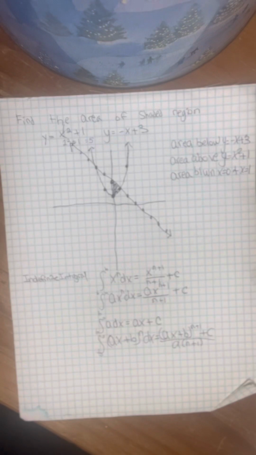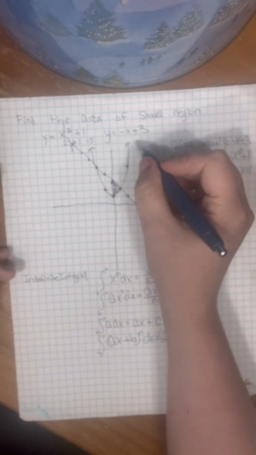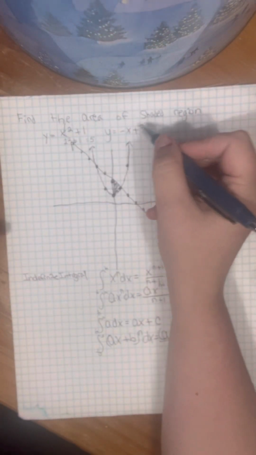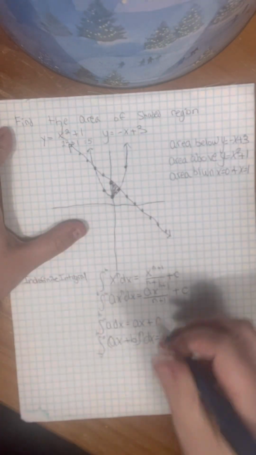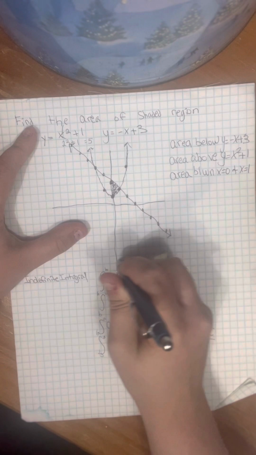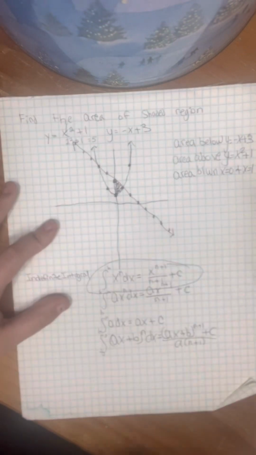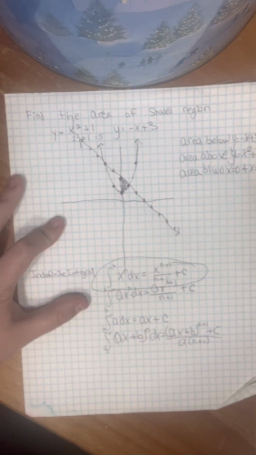So here we don't really have any a or b outside of the x's here. It's just 1. So I would say that this form here would be our best form to use. So we're going to go back to that form. Okay.